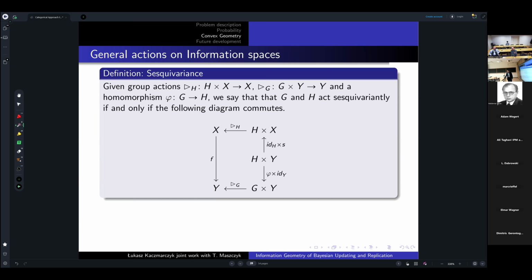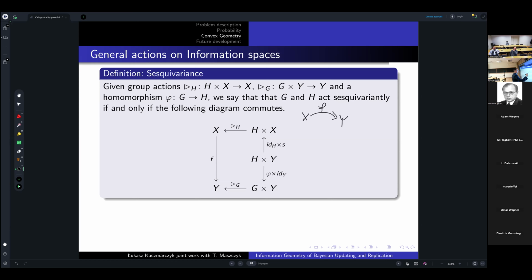We have a pair, and given this homomorphism phi and these two actions, we call such a map equivariant. Okay, so it's a property not of the action, it's a property of the mapping between two actions. Okay. So you know equivariance. Phi is just a group homomorphism. Yes. And F is what?